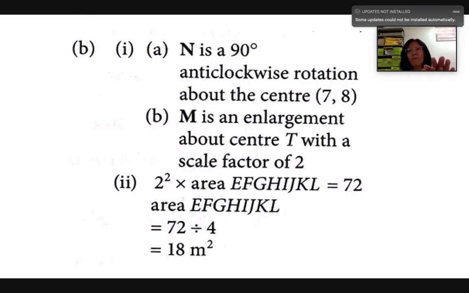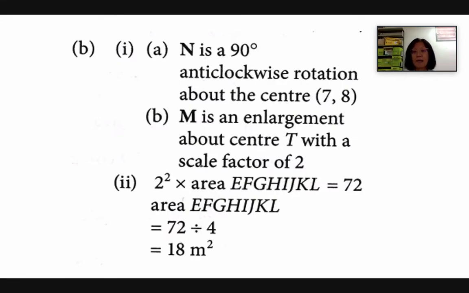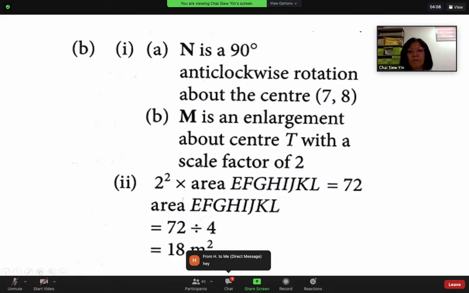When they overlap, it is easier to find the center of rotation. It is easier to find the center of enlargement. So for this particular question, there are more than one answer.